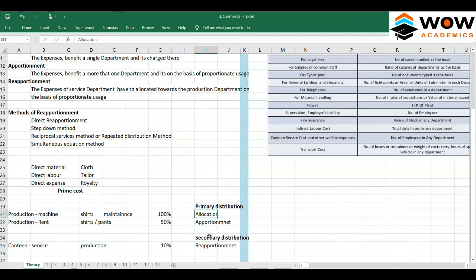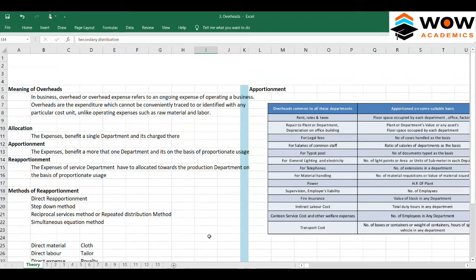So first we look at the primary distribution and how it is being done. Once we know that, then we can go for the secondary distribution of reallocating the cost from the service center to the cost center.